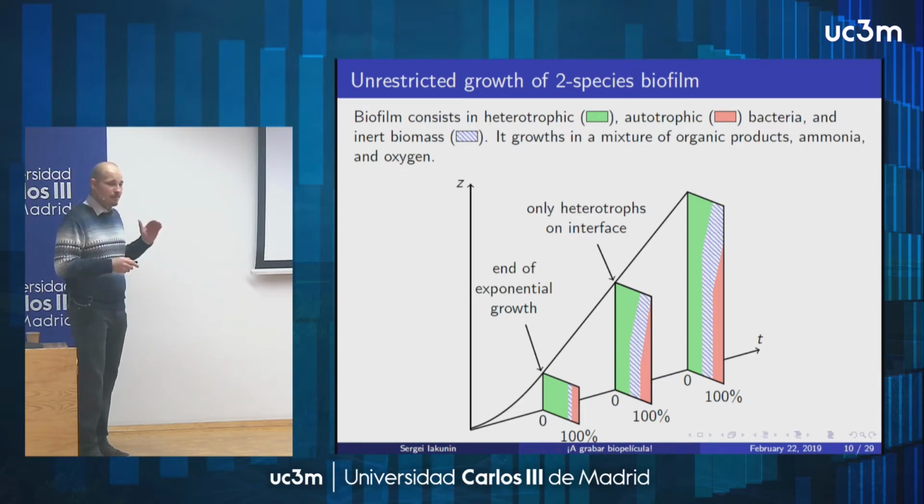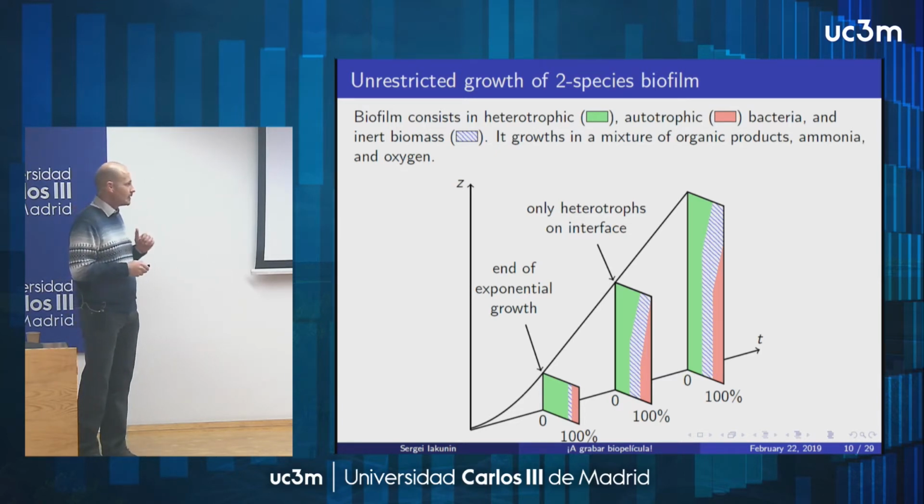So it means that the higher layers of biofilm, where we have more nutrients, more oxygen, and more resources from bulk fluid, are completely occupied only by heterotrophic bacteria, whereas inside the biofilm we can find autotrophic ones, which require only oxygen to survive.